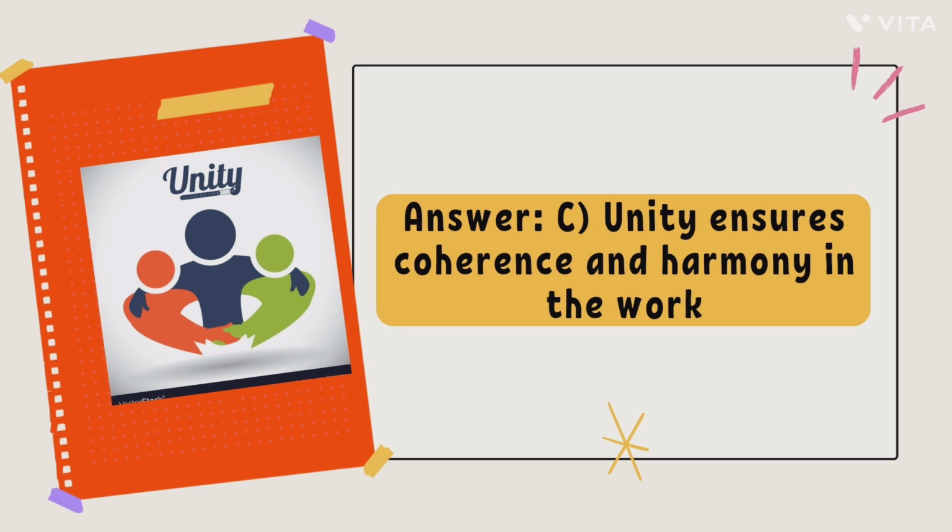The answer is unity ensures coherence and harmony in the work, because classical critics emphasized the importance of unity in literature, including unity of plot, character, and theme. They believed that a unified work is more coherent and aesthetically pleasing to the audience.